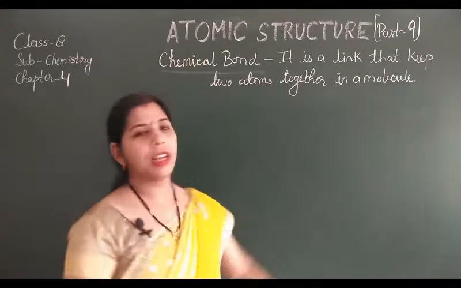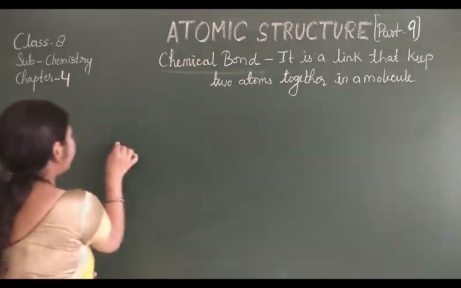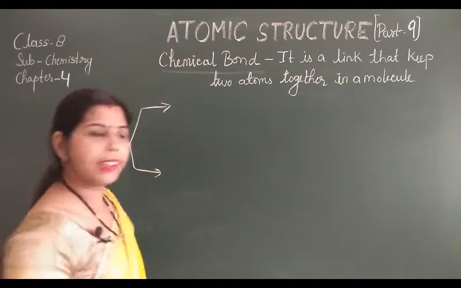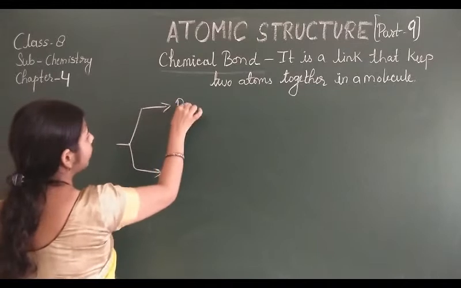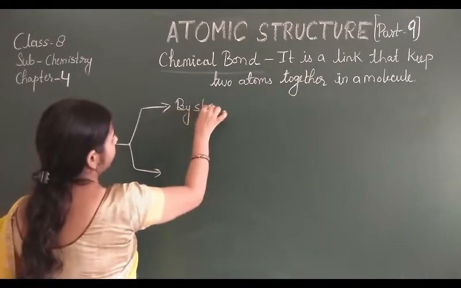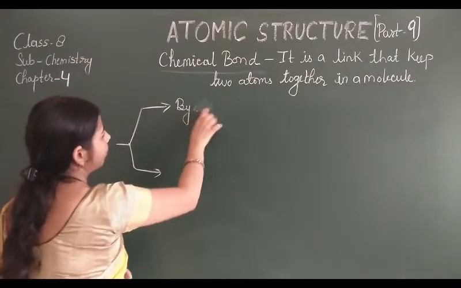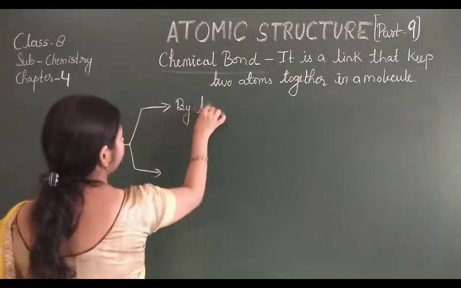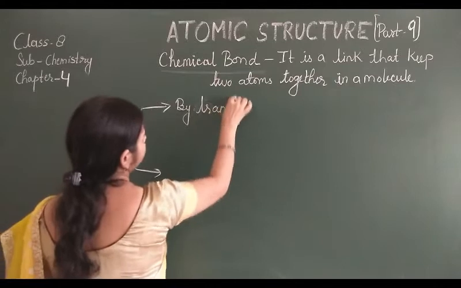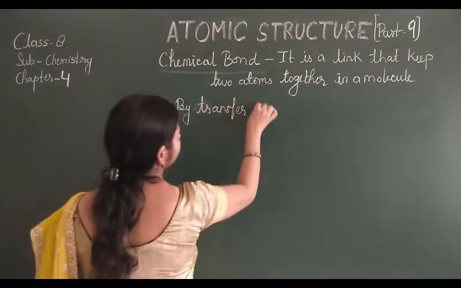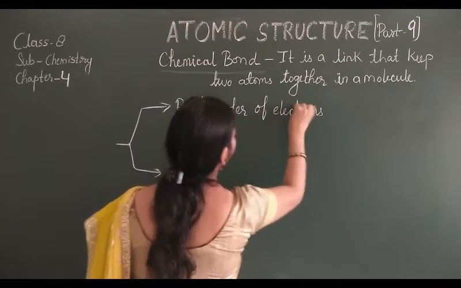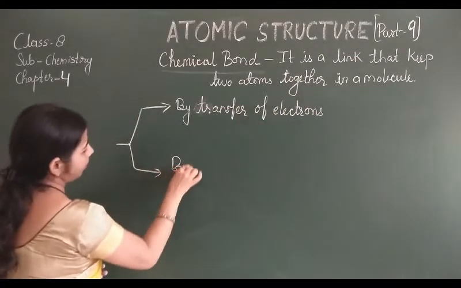So this chemical bonding can be done by two processes. First is by transferring electrons, and second is by sharing of electrons.